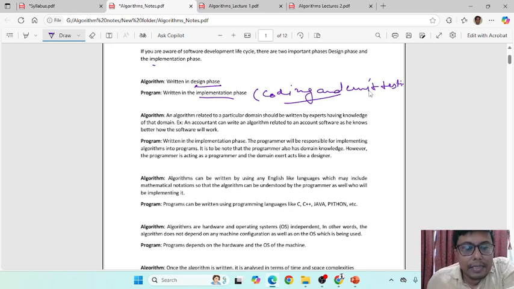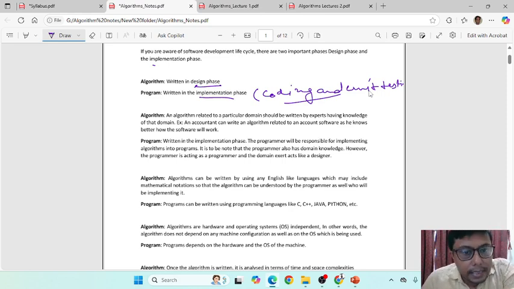The second difference is what? An algorithm is related to a particular domain, and should be written by an expert who has the knowledge of that domain. Whenever an algorithm is written, a domain expert is responsible to write it, to make the algorithm robust.